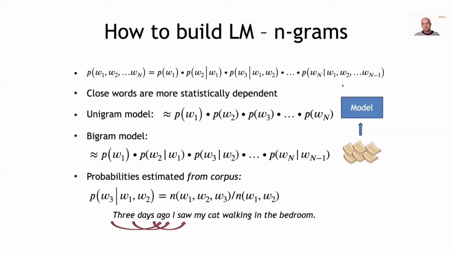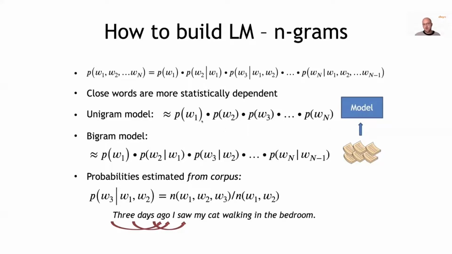And we can assume that words which are close in the sentence are more statistically dependent. And we can approximate this probability by something simpler. So this is called n-gram language models.